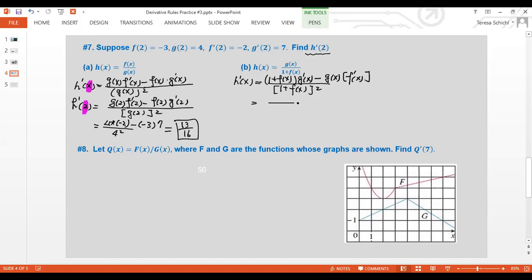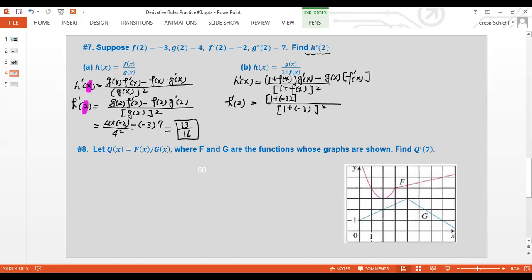Okay, so now for h prime 2, everything x is replaced with 2. So f of 2 is negative 3, so it's 1 plus negative 3, to the square. So the top here is 1 plus negative 3 times g prime 2.